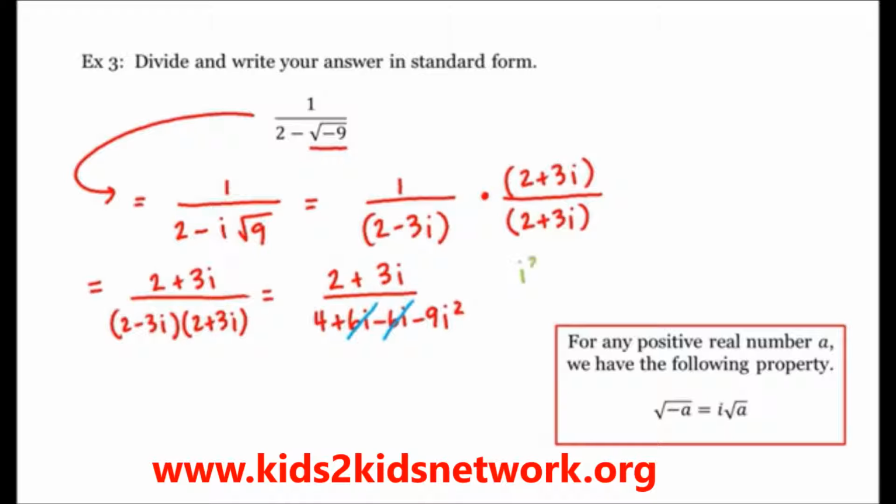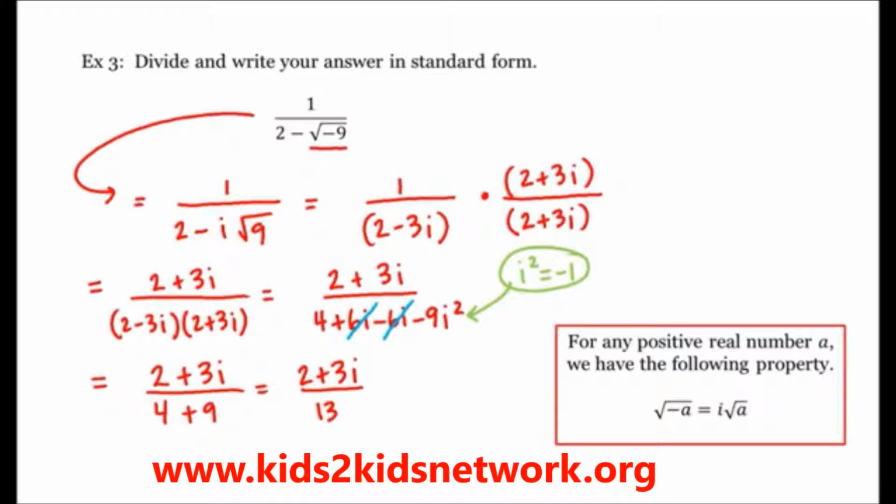And again, we'll use the fact that i squared is equal to negative 1 here, which gives us 2 plus 3i divided by 4 plus negative 9 times negative 1 is positive 9, which is equal to 2 plus 3i divided by 13, and then dividing both terms in the numerator by 13 to put it into standard form gives us our real part is 2/13 plus the imaginary part is 3 over 13i. And this would be our answer.